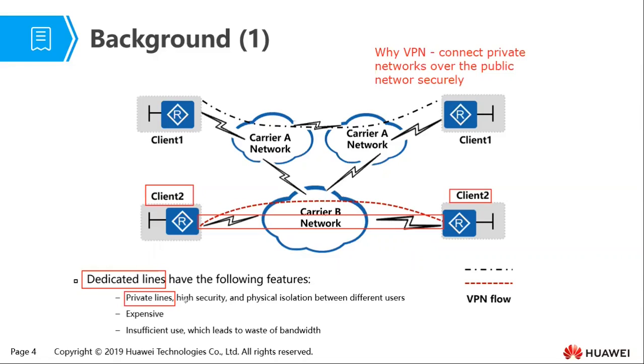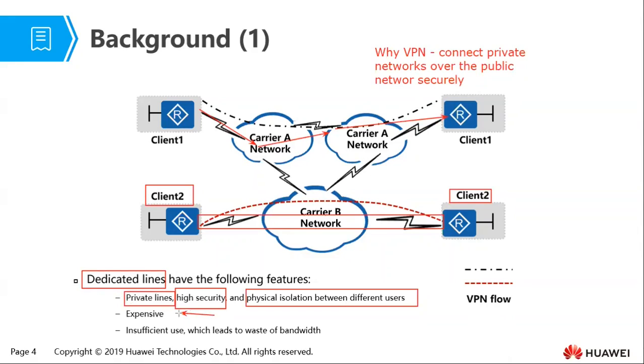A dedicated line has several advantages, for example, high security. Also, we have physical isolation between different users. That really provides high security because you can actually see that, for example, this other user is using this particular line, and it's dedicated for that particular person only.